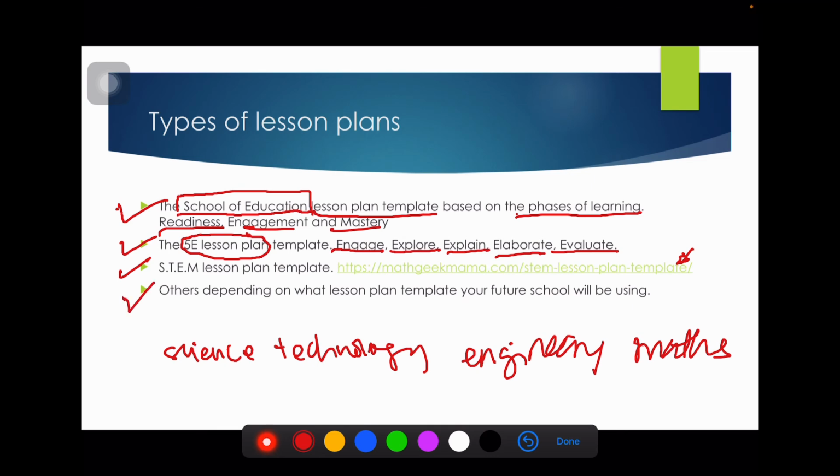And there are other types of lesson plans, depending on what lesson plan your future school will be using. In Nexus Putrajaya, they use IPC. So their lesson plan is slightly different from the common lesson plan.